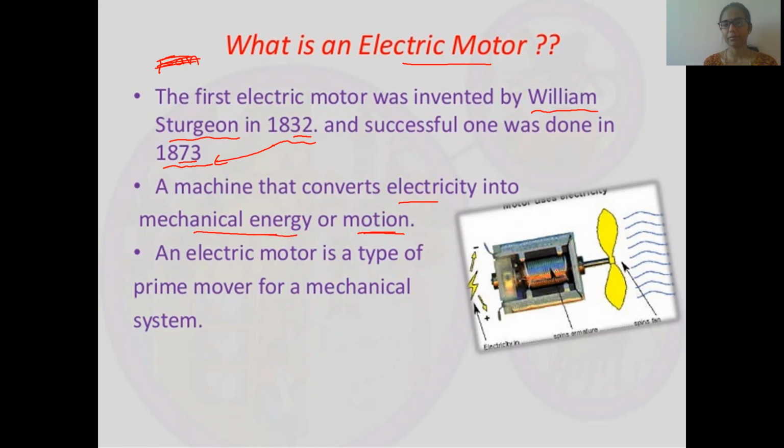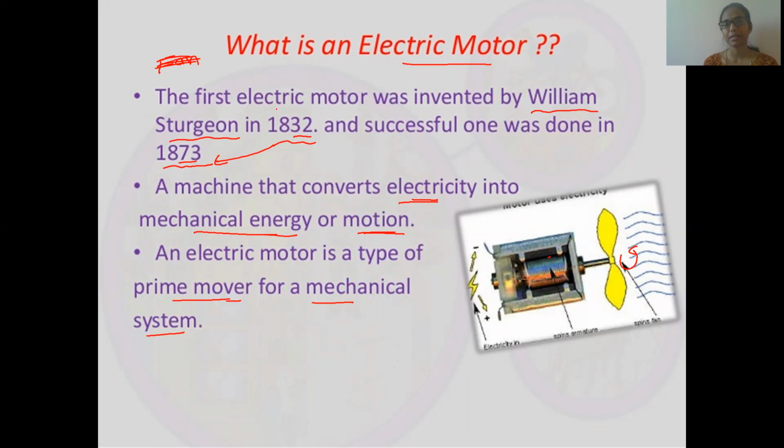Mechanical energy is nothing but the motion of a conductor, it is your circular motion. See here, the fan is rotated by the motor. When the motor rotates, the fan will rotate, because the motor gives that rotating effect. That is nothing but motion of the fan done by electricity. That is what we call an electric motor. An electric motor is a type of prime mover for a mechanical system.